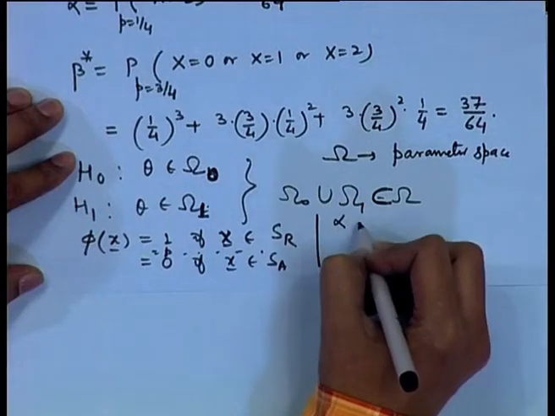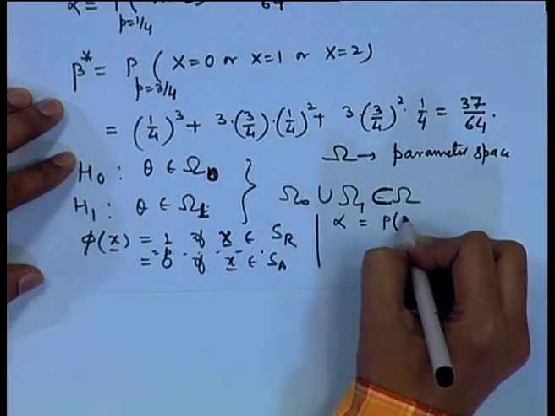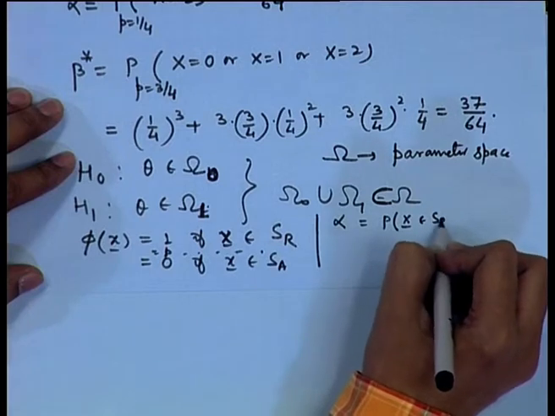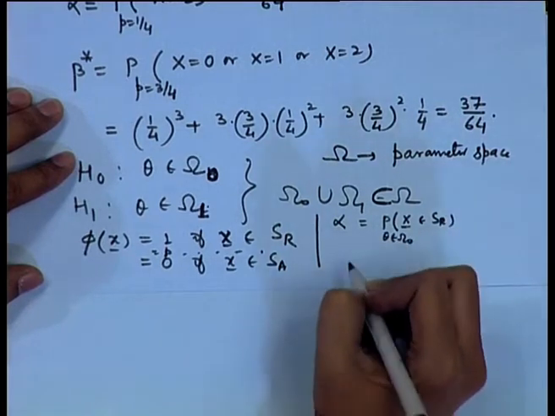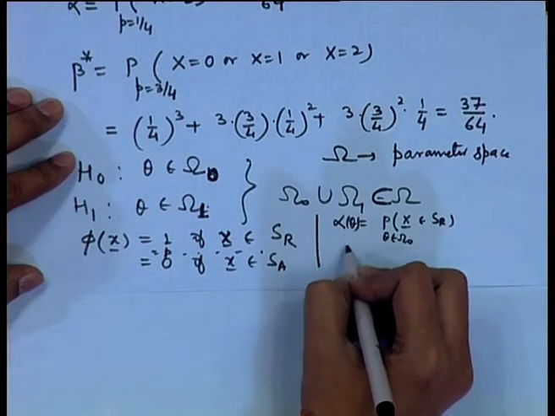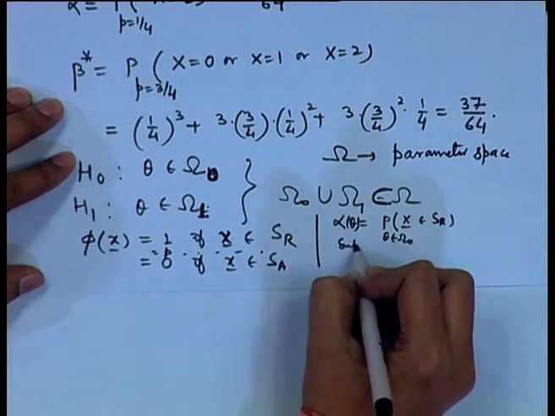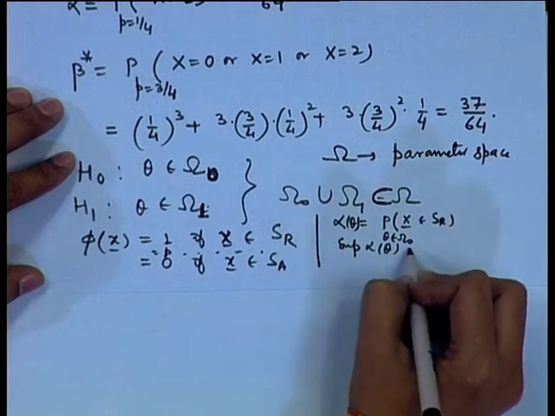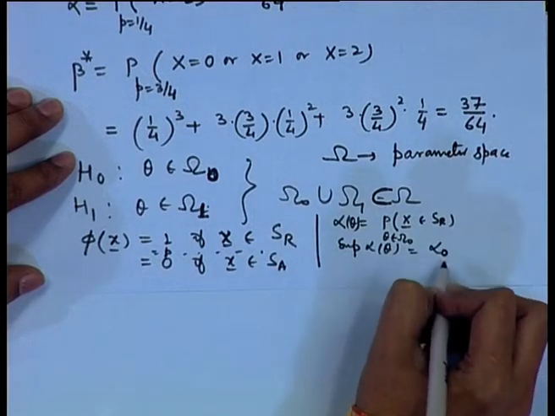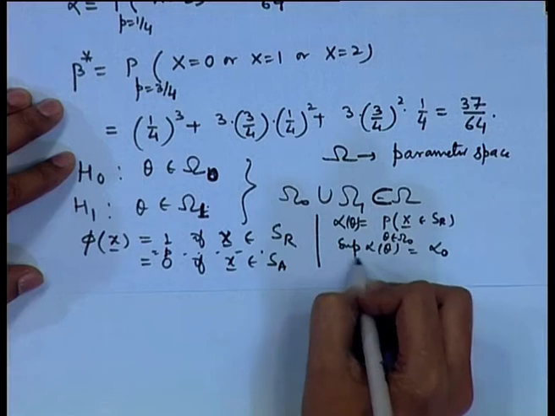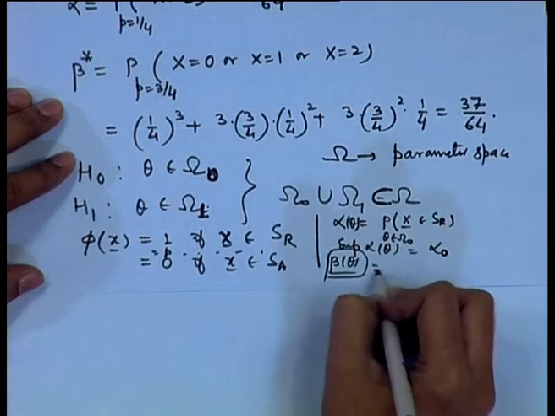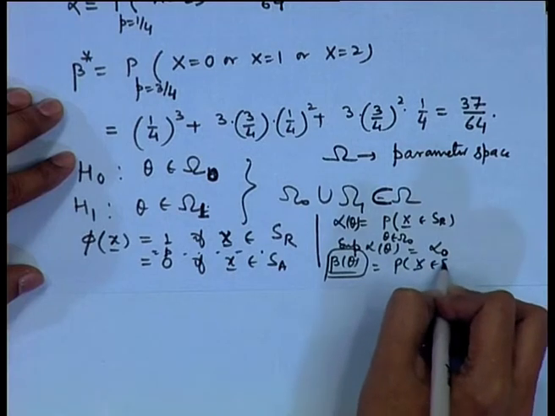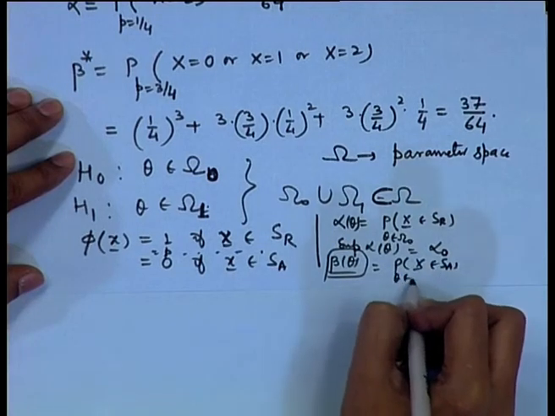So, the probability of type 1 error, that is probability that x belongs to S R when theta belongs to omega naught, we take the maximum of this. So, supremum of alpha theta, let us call it say alpha naught or alpha star, we choose that and then we try to minimize beta theta, that is probability of x belonging to S A when theta belongs to omega 1.